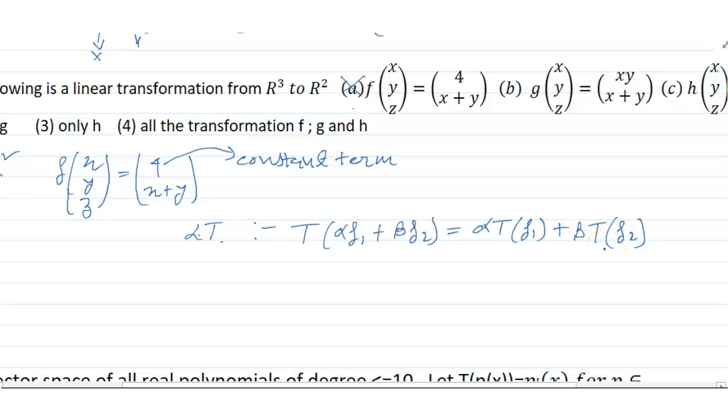So if you see alpha x1 y1, it cannot be possible. So this is a constant term. Always remember, as a constant term, it is no linear transformation. As for product terms, this term is a product, so it cannot be a linear transformation. So I cut this.